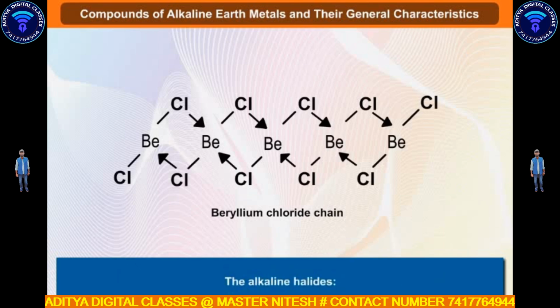The alkaline earth halides are beryllium halide, magnesium halide, calcium halide, strontium halide, barium halide, where halide can be fluorine, chlorine, bromine, iodine. Beryllium halide is covalent and soluble in organic solvents.